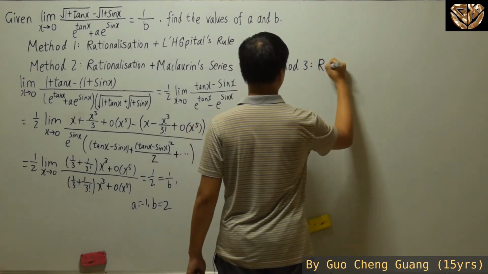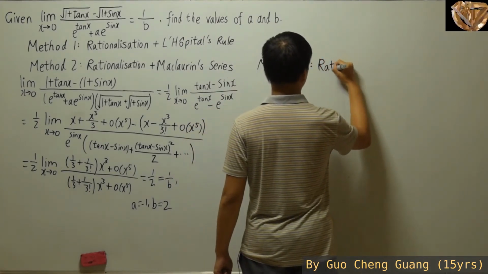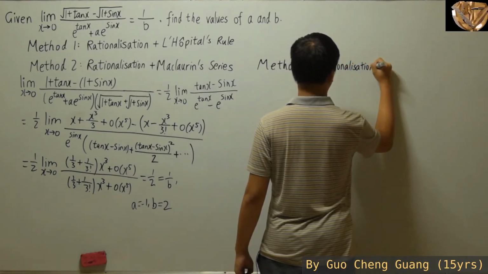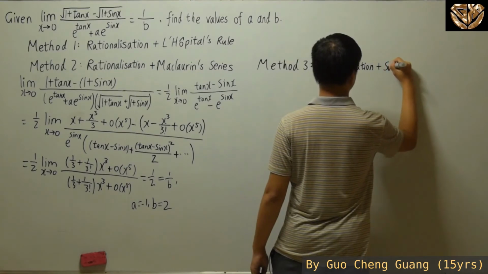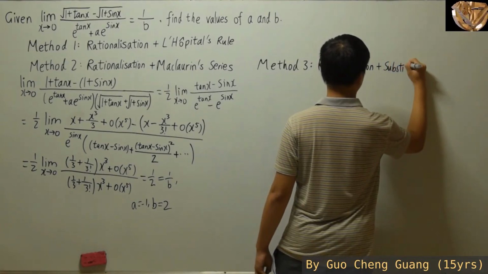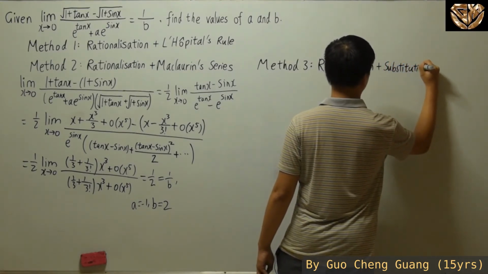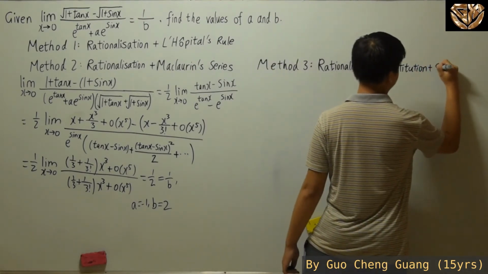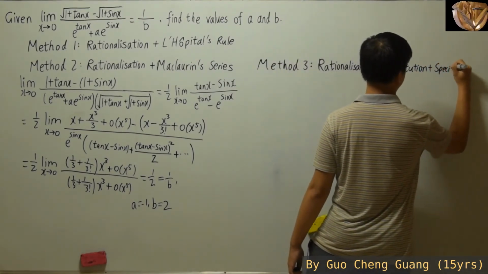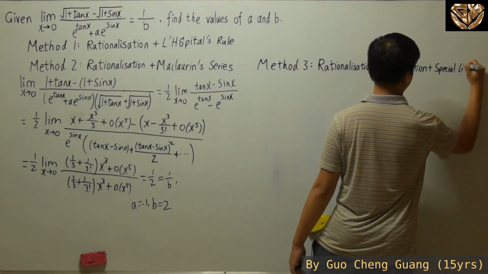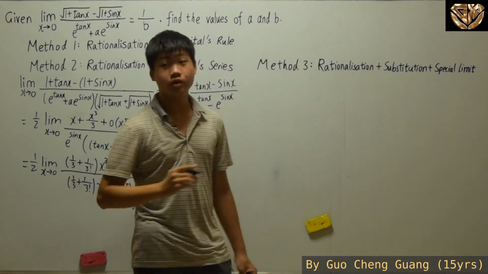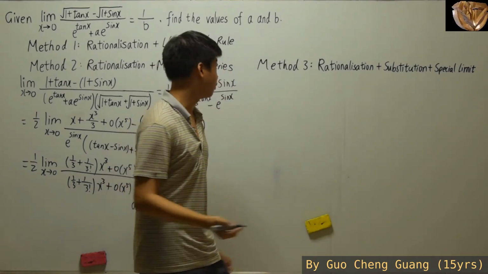This will be rationalization with substitution. And finally, it will just be combined with the special limit. Alright, so this is what method 3 is going to have.